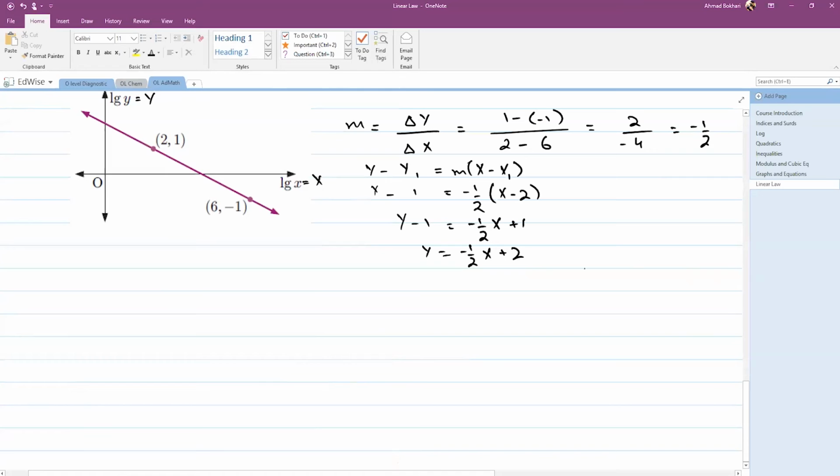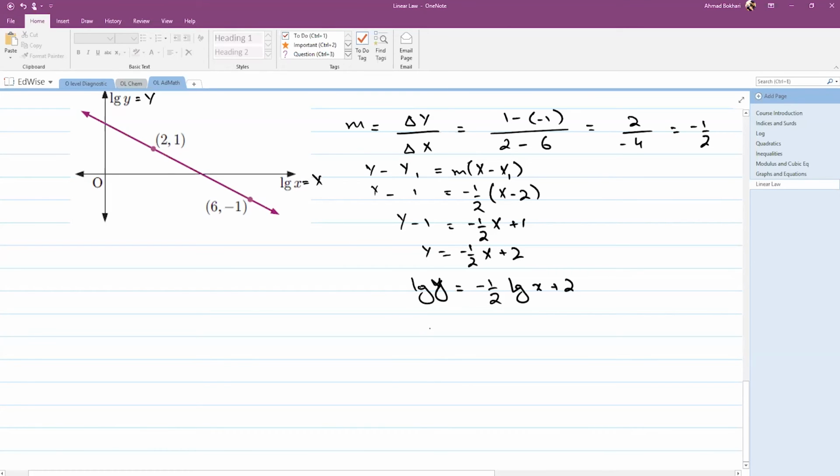Now, obviously, we will change the equation. So we will use LGY equals, now this should be small y, minus 1 by 2 LGX plus 2. Now if you leave the question here, that's perfectly fine. If you want to further simplify this, I would suggest that you take log on both sides and then cancel it out.